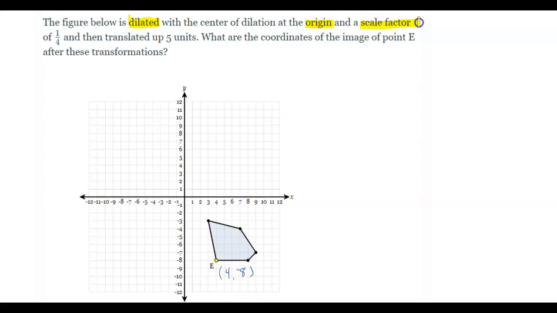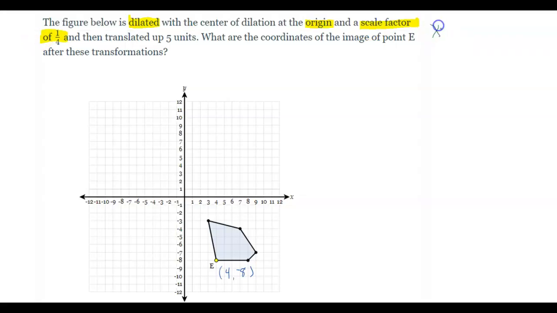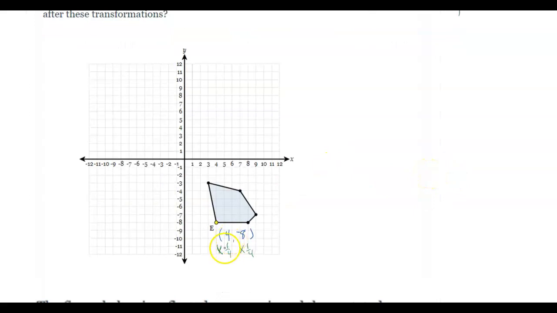So now that we see a scale factor of 1/4, that means that I know that I need to multiply by 1/4. So I'm going to take those coordinates and multiply both coordinates by 1/4. 1/4 of 4 is 1. 1/4 of -8 is -2.